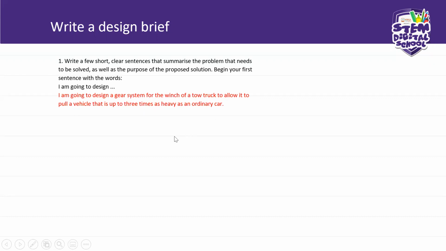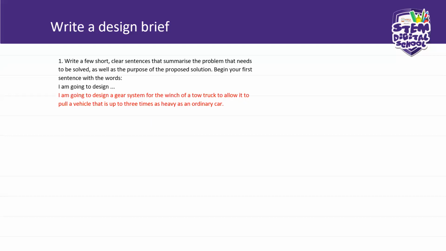That is our design brief. That is what you should be working on. So everything that you'll be investigating, everything that you'll be studying must be relevant to this. We must understand gears. We must understand mechanical advantage. We must understand winches. We must understand a relationship between the winches and the pulleys.